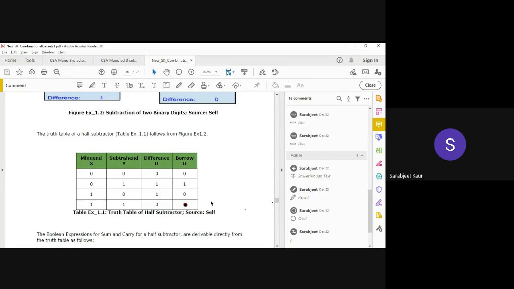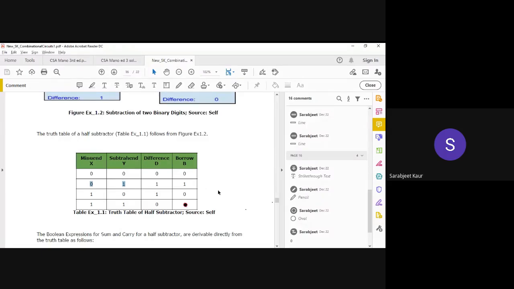But otherwise, in this case, when we look at this output borrow, you can see there is a single one, right? So obviously, directly from the truth table, we are able to deduce what this expression would be. It would be x dash y. That is another way to deduce it.